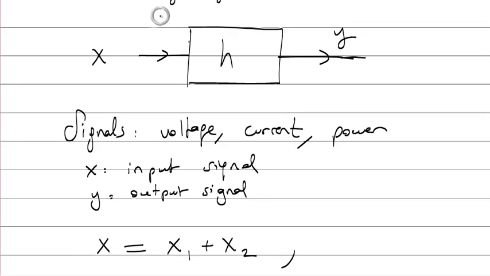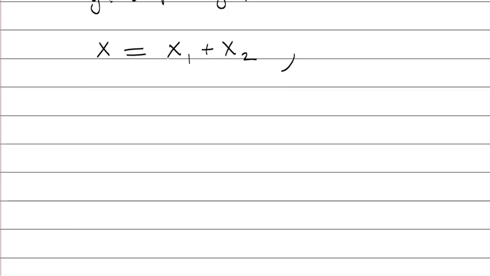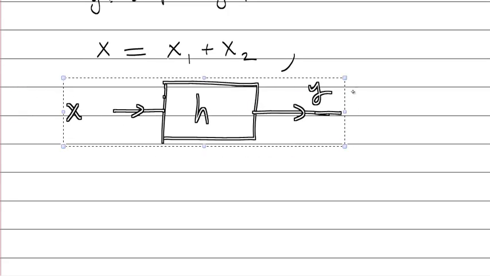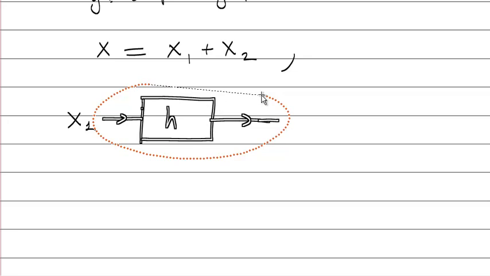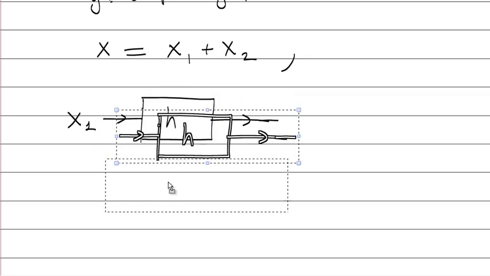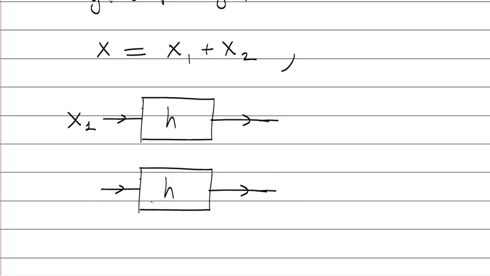I will use the same system. But now I apply the input X1, some partition of X. And I use the same system or the equivalent system. I get two of that system.